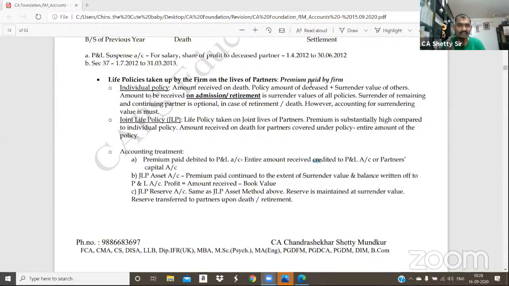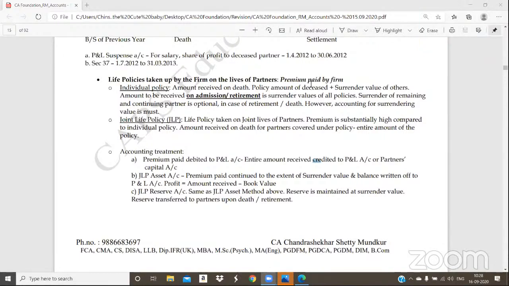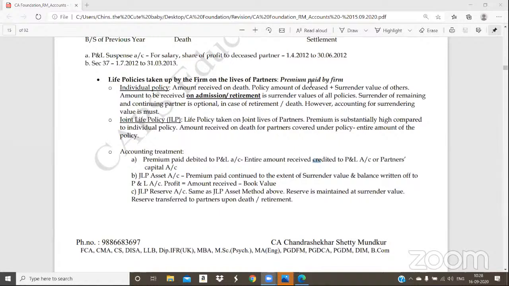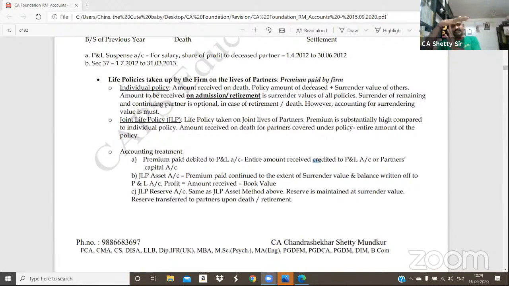Is it not a revaluation? 30 has become 90. 60 lakh is an increase. Credit revaluation account. Understood? Yes, sir. Last arrow mark. Option 3. Balance sheet extract. JLP asset 30 lakh on the asset side. Liability side, JLP reserve 30 lakh.